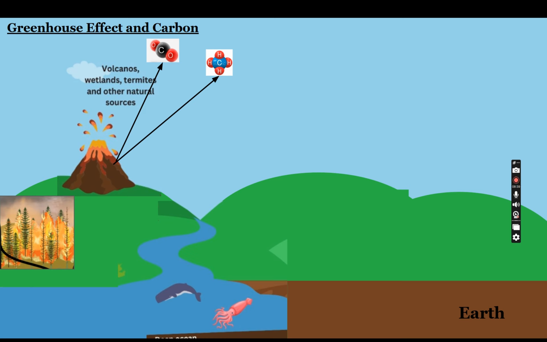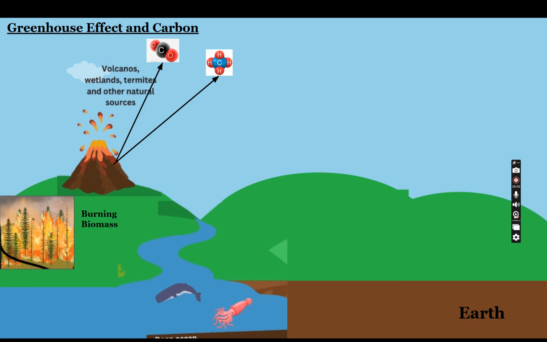Any of the plants is called biomass. The reason I show burning biomass is because it's an important part of the growing of our greenhouse on our planet, releasing more gas into the atmosphere.